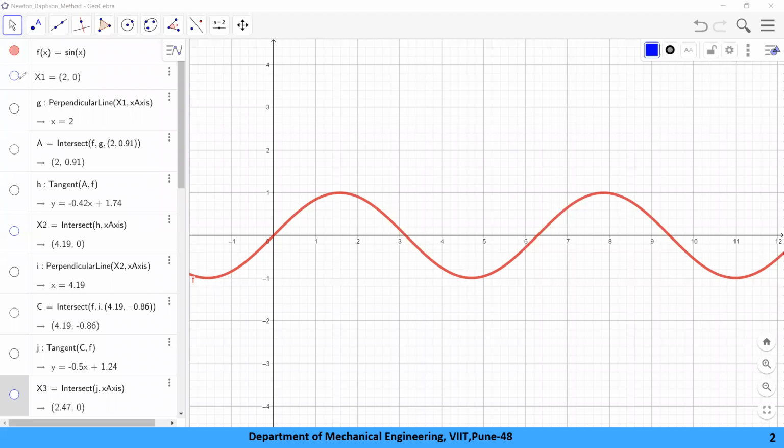What I have done here is take x1, the initial guess, as 2. Then I put that x1 value 2 into the function, sin of 2, and calculate it. A point having coordinates x1 and f of x1, that is y1, is nothing but this point A.